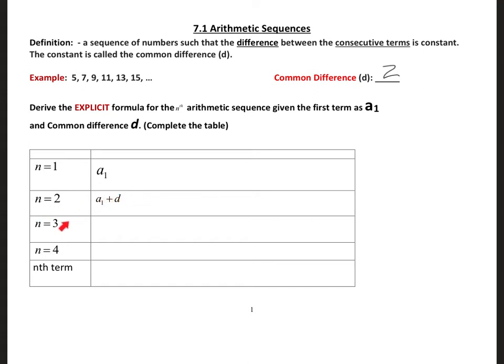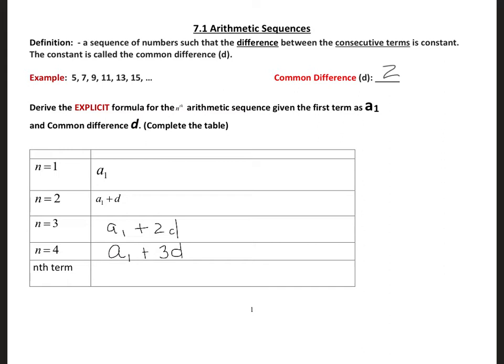The third term, when n is 3, is the first term plus the common difference twice, or the previous term plus the common difference, which is going to be 2d.